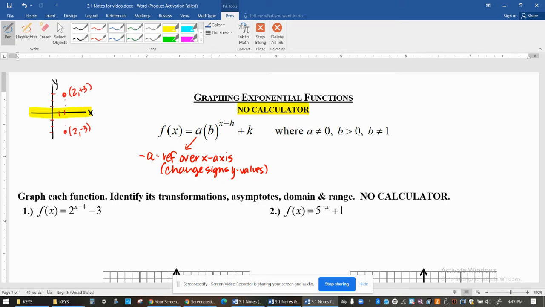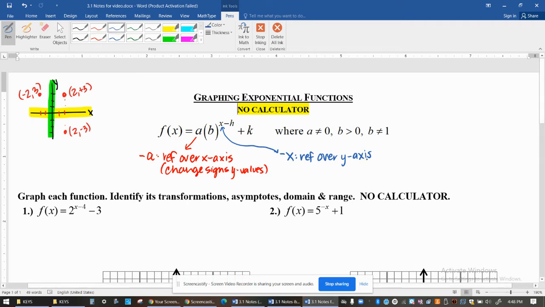Now, if your x value is negative, okay, so if there's a negative multiplier on the x, like a negative 1, then that means that there's a reflection over the y-axis. And when you reflect something over the y-axis, so take that original point 2, positive 3, it would end up at negative 2, 3. So the y value would stay the same, but the x value would change signs.